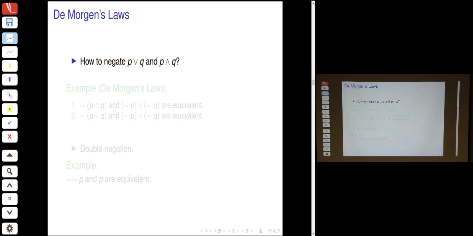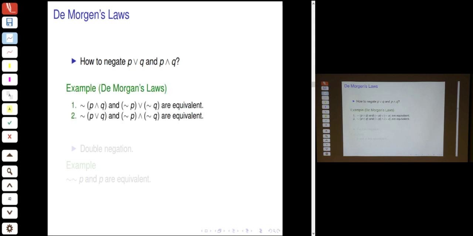So now how do we take the negation of a statement of this form, P or Q, or P and Q? Well, De Morgan told us this. The negation of P and Q is equivalent to not P or not Q. So you negate the two components, but you have to flip the connective.